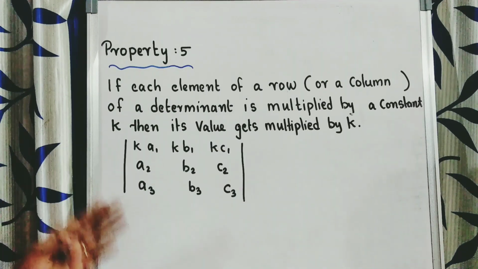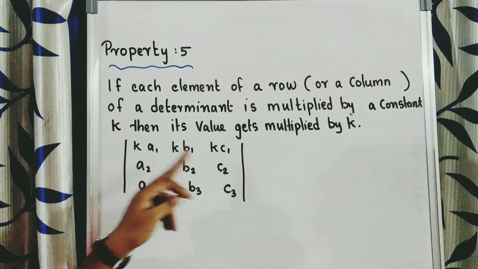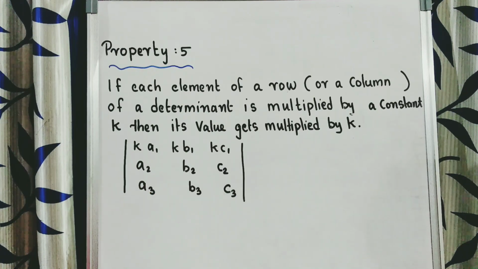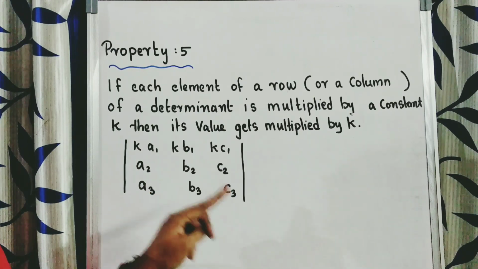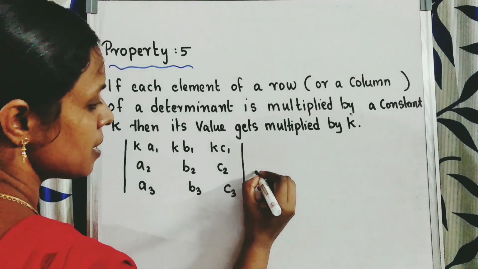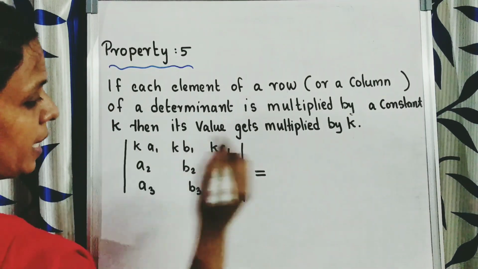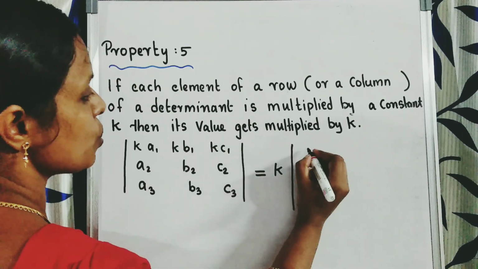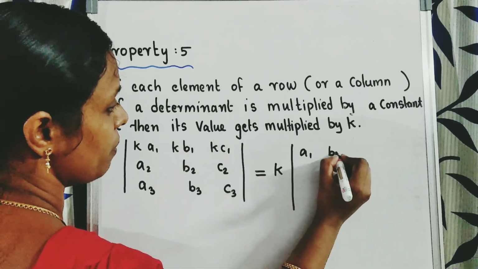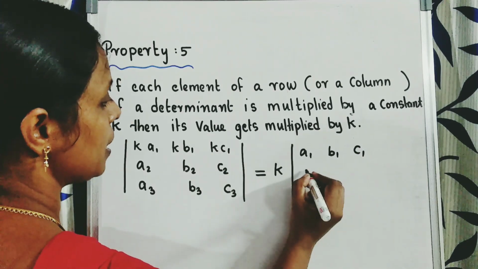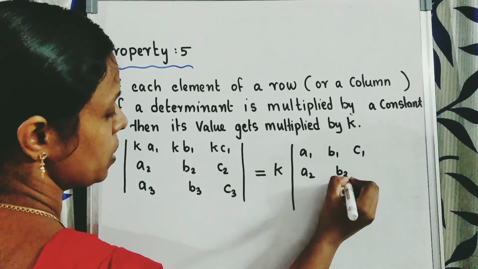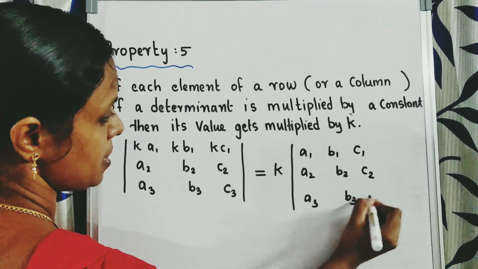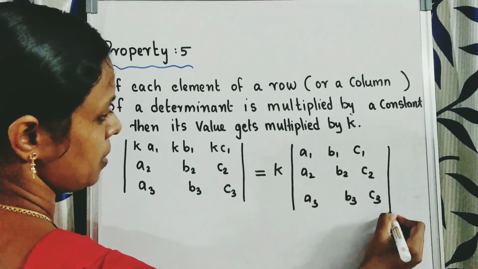That means the determinant with first row k(a1), k(b1), k(c1), second row a2, b2, c2, third row a3, b3, c3 can be written by taking k outside: k into the determinant with first row a1, b1, c1, second row a2, b2, c2, third row a3, b3, c3.